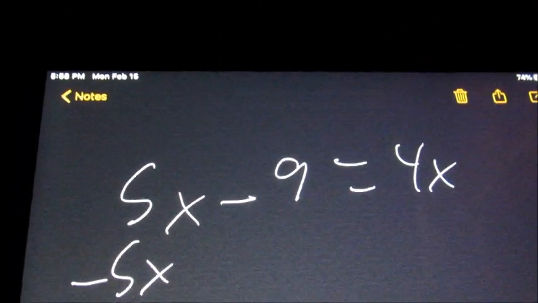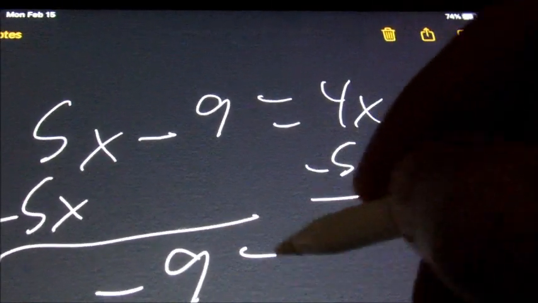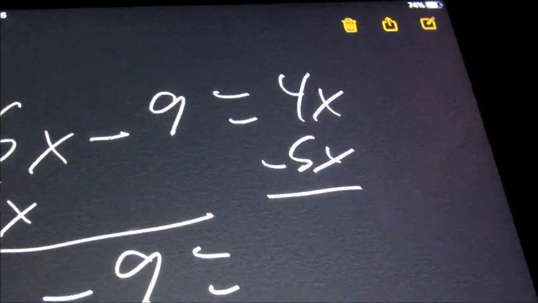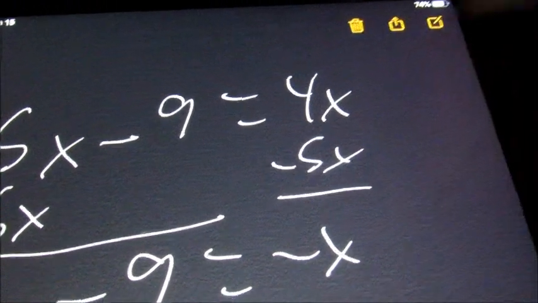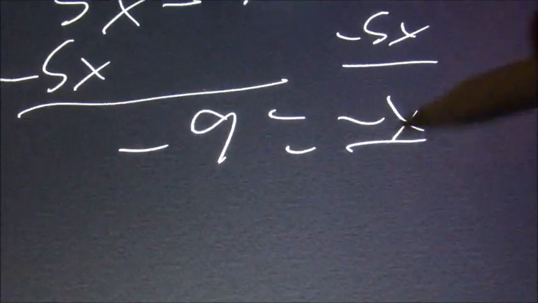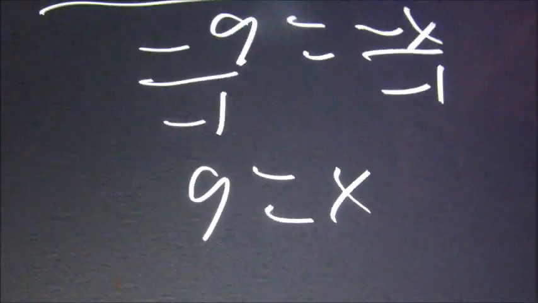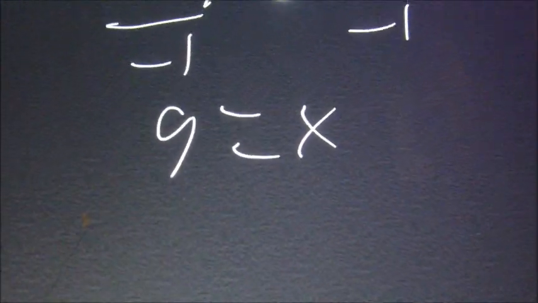So since this is a plus 5x, we're going to say minus 5x to both sides. And we're going to be left with negative 9 equals 4x minus 5x is negative x. Okay, so now we have to divide by a negative 1. And we're going to get 9 equals x.